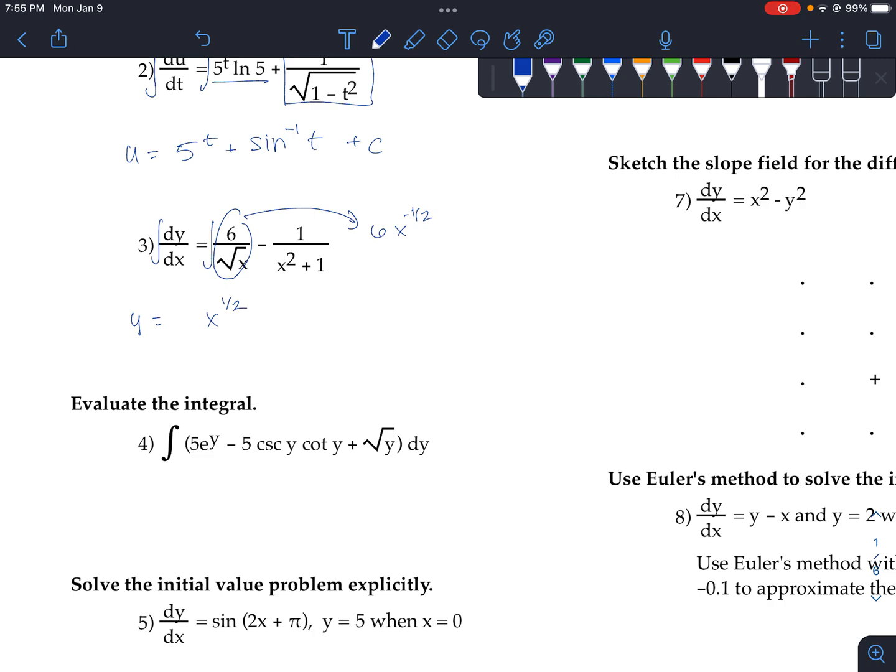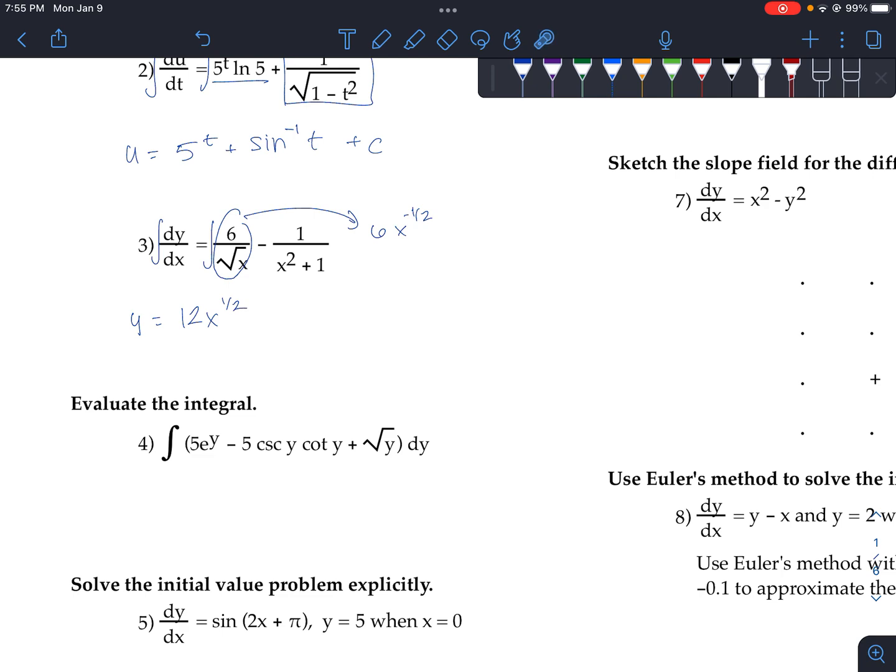And in order to get the constant of 6, I believe that should be 12. Because from here, when I take the derivative, I would bring down the power, and that would turn into a constant of 6. 12 times 1/2 is 6, so yeah, that works.